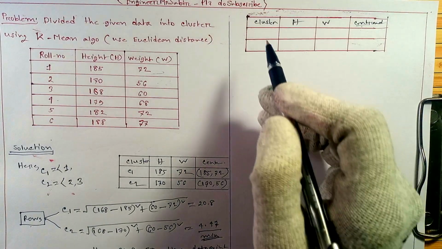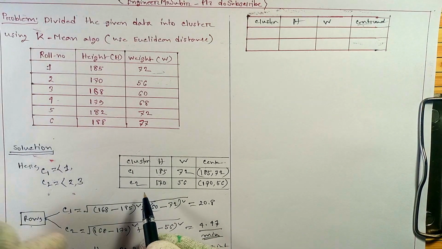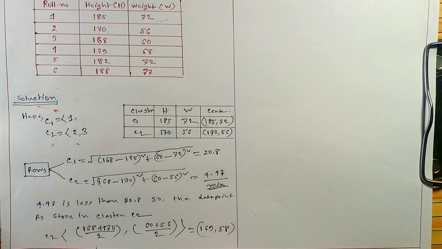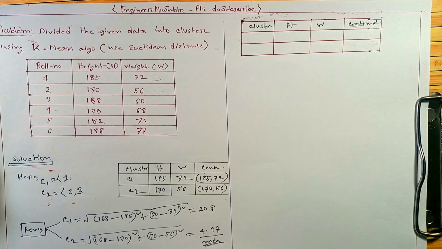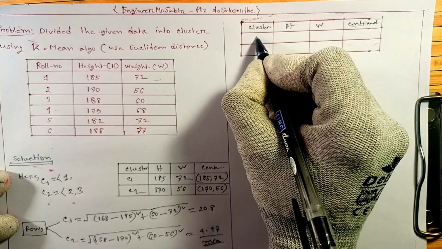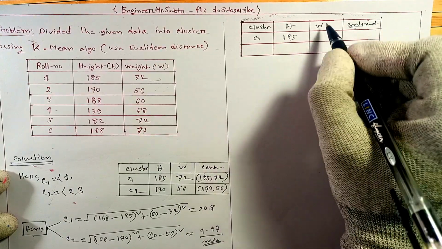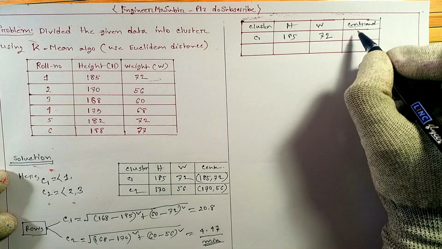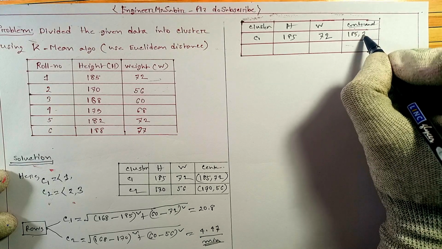Here we already make a new table, and we have to update only the C2 value. We already get the value from there, 169 and 58 for C2. So we write C1, it will be similar: C1 is 185, 72, and the centroid will be 185, 72.